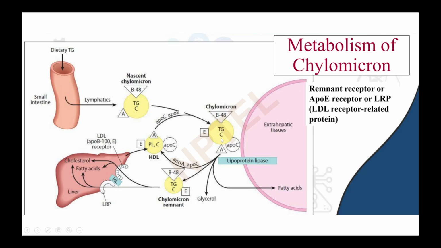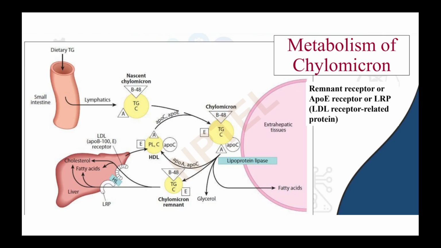From this mature chylomicron, the triacylglycerides will be metabolized by the lipoprotein lipase in the extrahepatic tissue, and they will get converted to fatty acids and glycerols, and the chylomicron will keep shrinking in size.